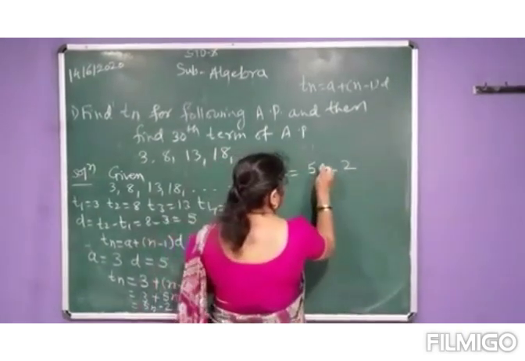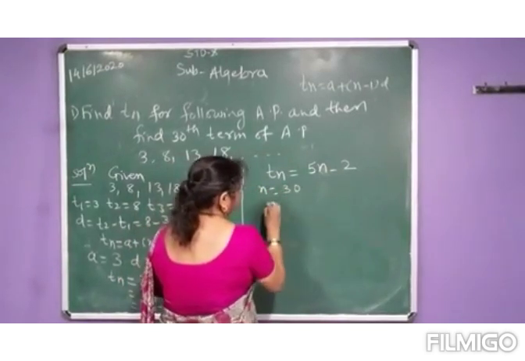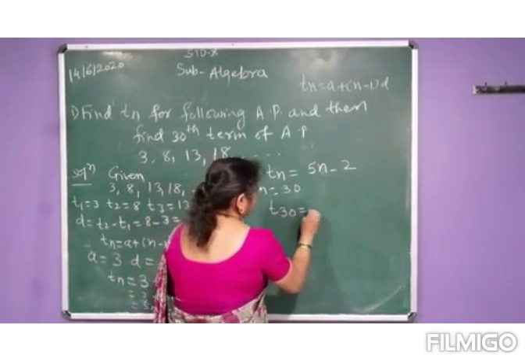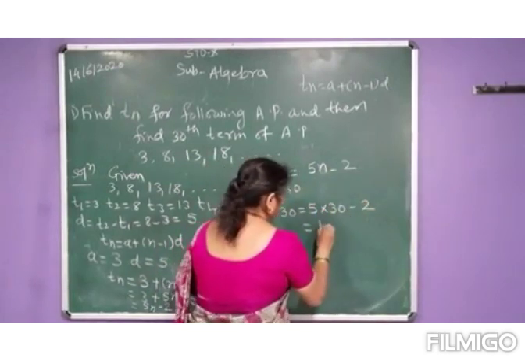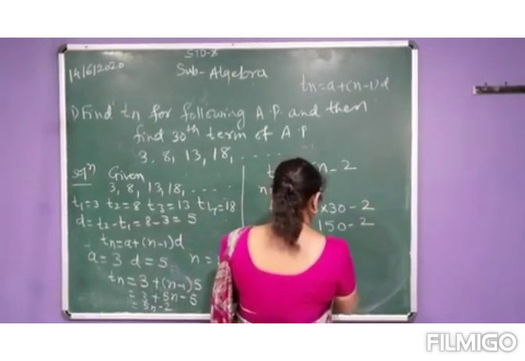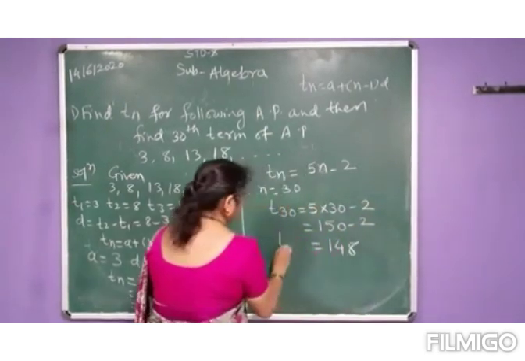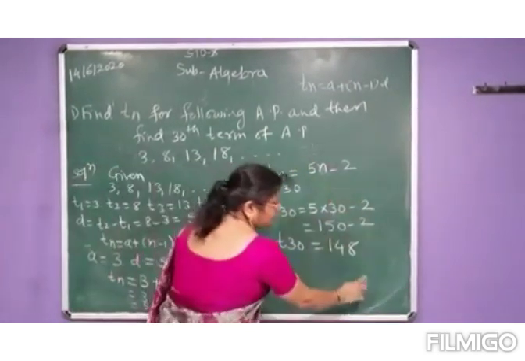This is 5n. Now n is 30. So T30 is equal to 5 into 30 minus 2. So 150 minus 2, that is 148. So the 30th term of this AP is 148.